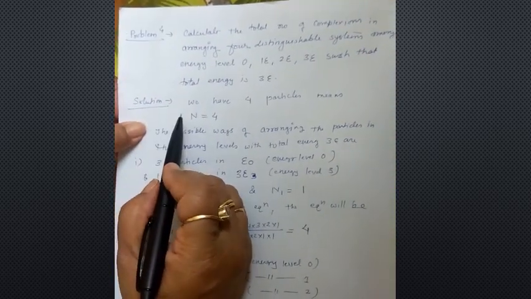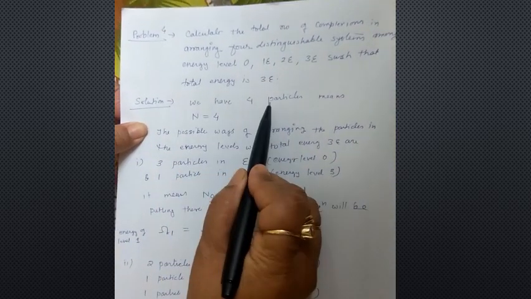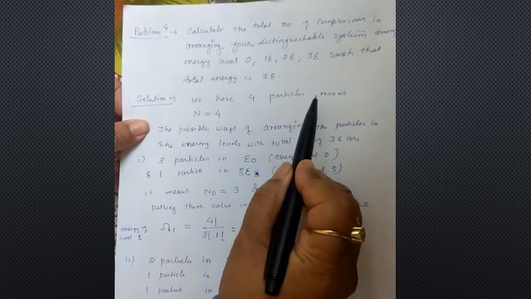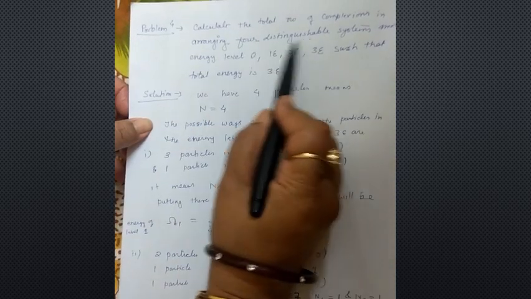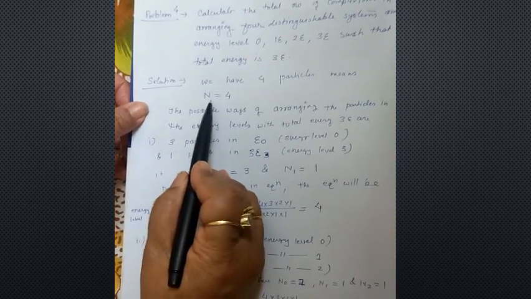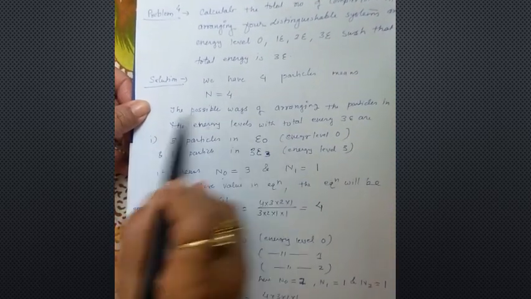To solve this, according to the problem, we have 4 distinguishable particles. So n is equal to 4.